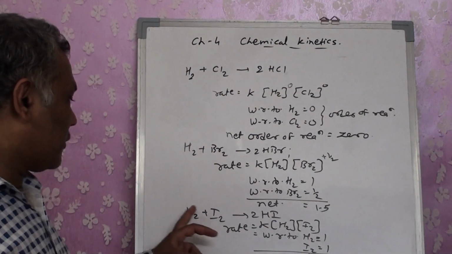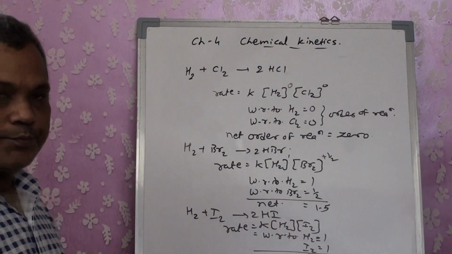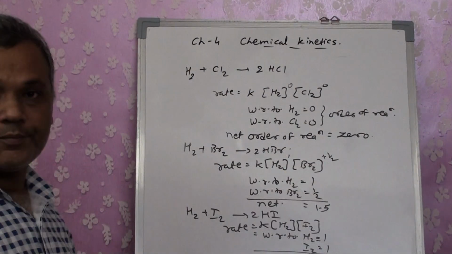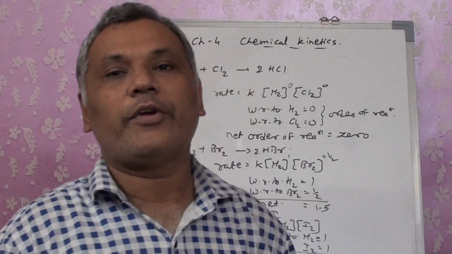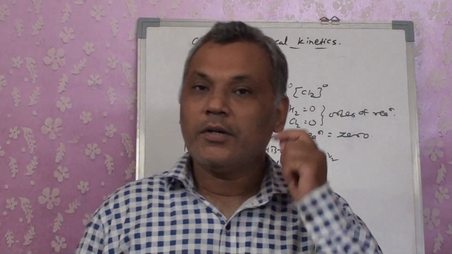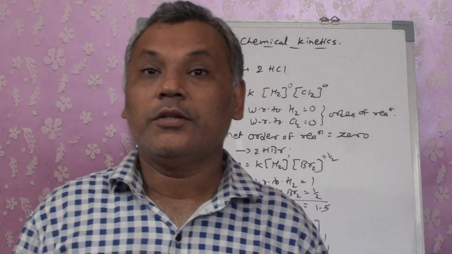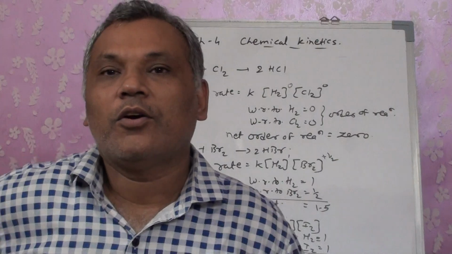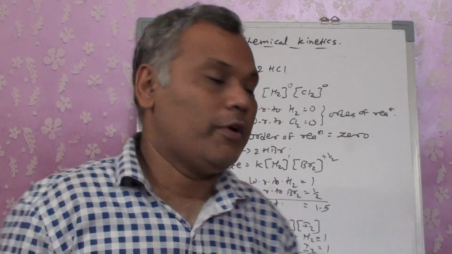See, it does not mean that these are the stoichiometric coefficients that are being placed. These are the experimental values. And order of reaction refers to those reacting species that take part in the chemical reaction. Reaction to reaction, though the reaction is the same, if you change the conditions, the order of reaction may change. So that is an experimental value.